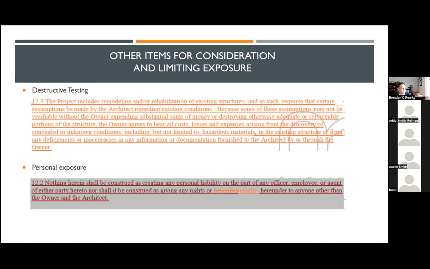There are some firms around here that not only sue the A&E firm for an error or omission, but will sue the actual architect or engineer that stamped the plans. It's nothing, in my opinion, more than a negotiation tactic or a scare tactic. But if that can be avoided as part of the contract, then obviously the hope is to do so.